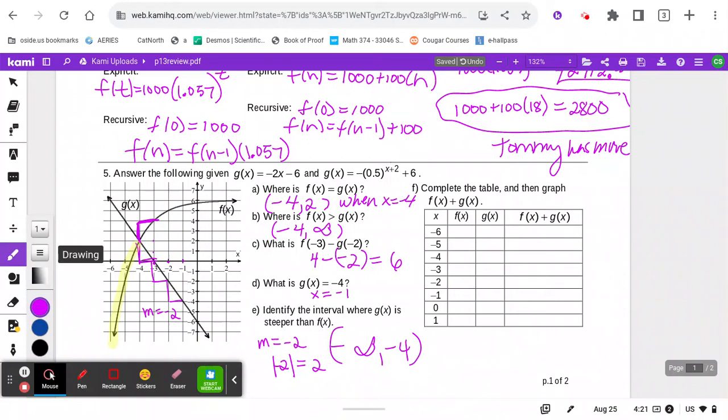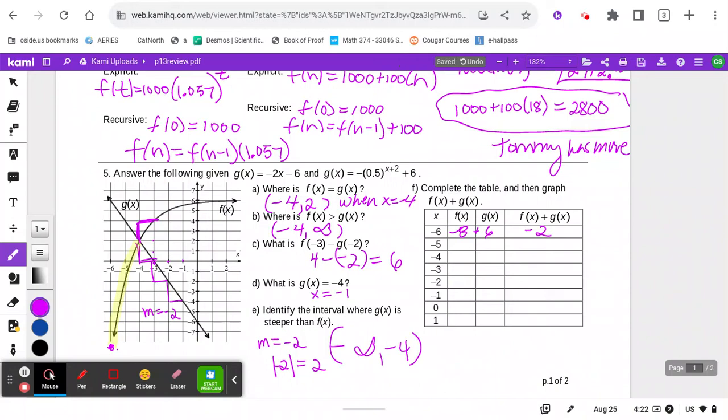At x equals negative 6, so go back 6, I see that f of x is probably going to land at negative 8. See how it goes off the graph? It's kind of like down here. So back 6 is down 8, and then back 6 is up 6 for the other function. Negative 8 plus 6 is just negative 2.